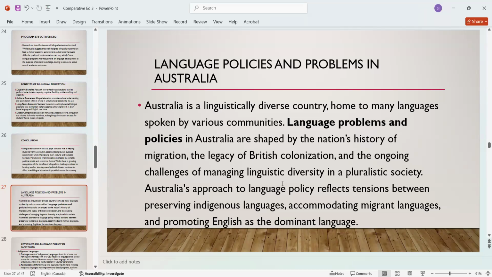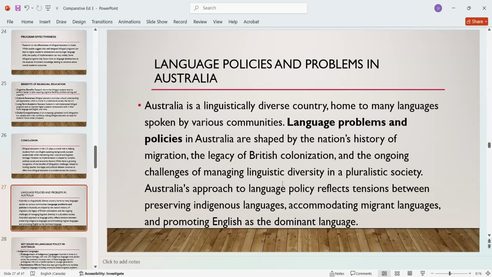Right, so I have already told you why people are migrating to these countries: Australia, US, UK, Canada. In those countries, the medium of instruction and official language is English.